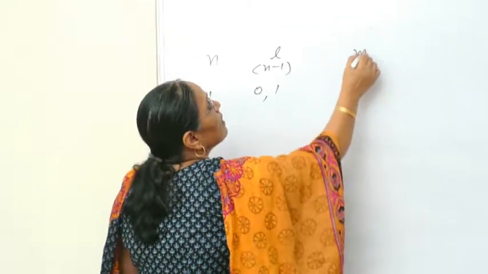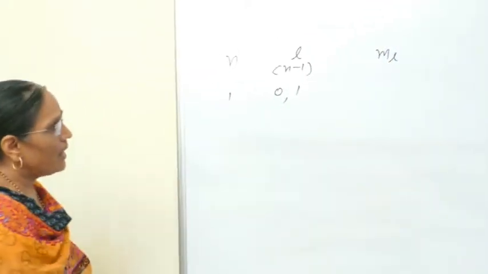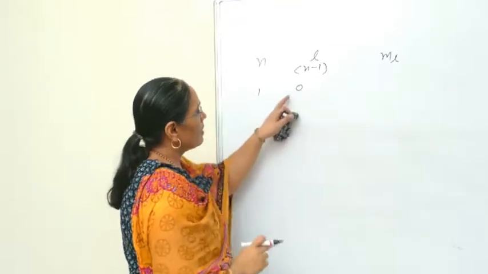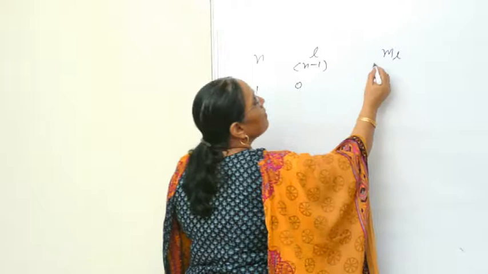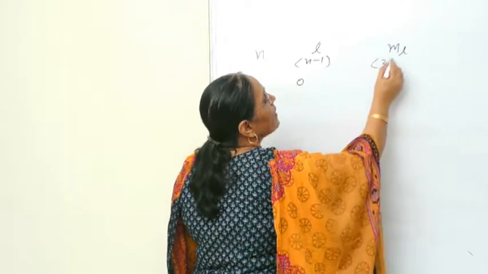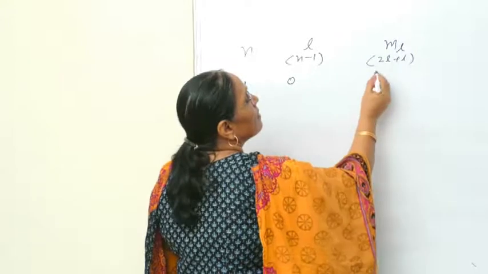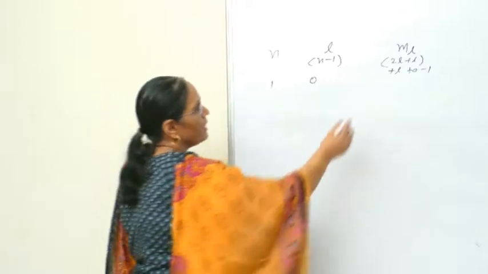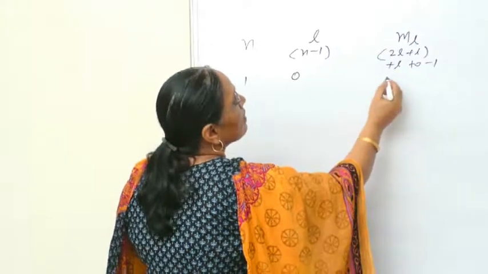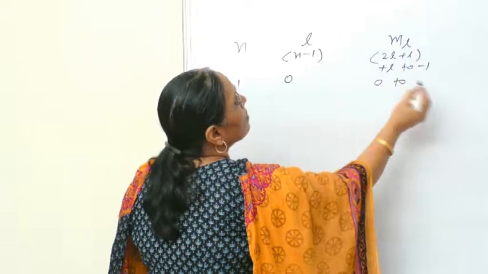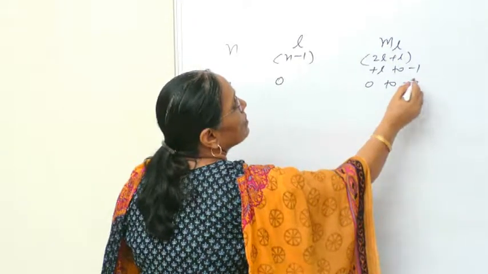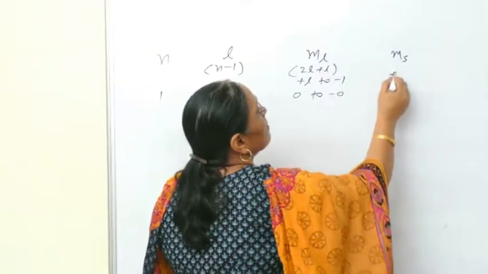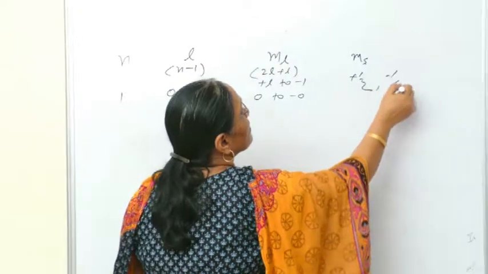The magnetic quantum number ml values are 2l plus 1, or plus l to minus l. Therefore, the ml value is 0, that is only 1, and ms values are +1/2 and -1/2.